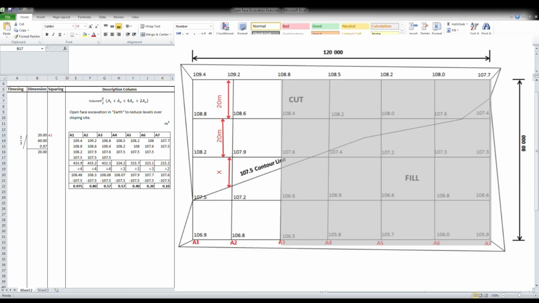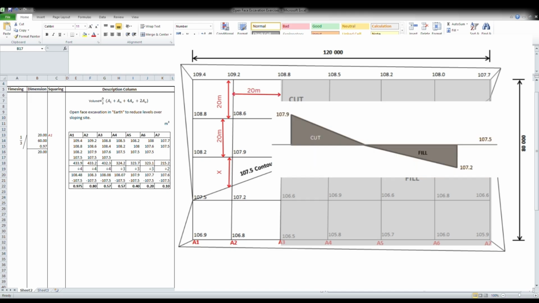And we know that between 107.9 and 107.2, we have 20 meters. However, there are portions of that 20 meters that fall under our cut quantities, and then the other portion falls under our fill quantities. So in order to determine our X value, we are going to use similar triangles, right?